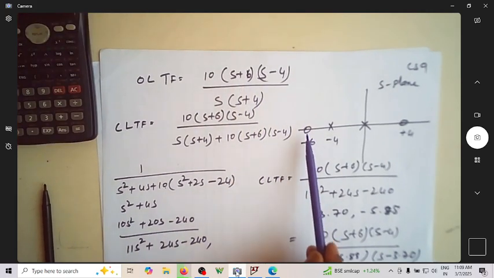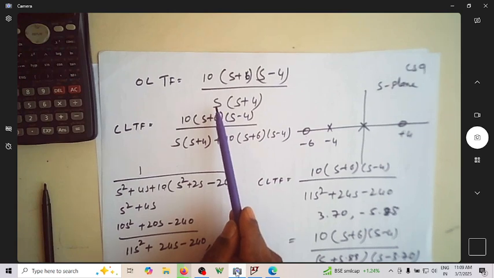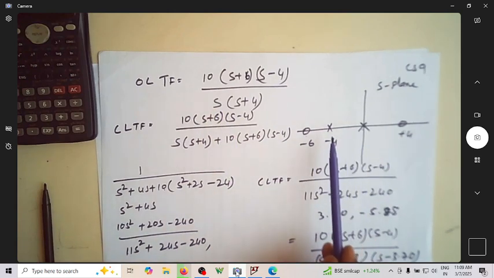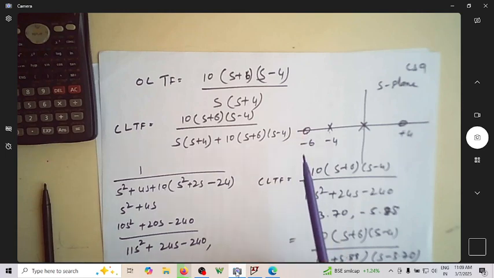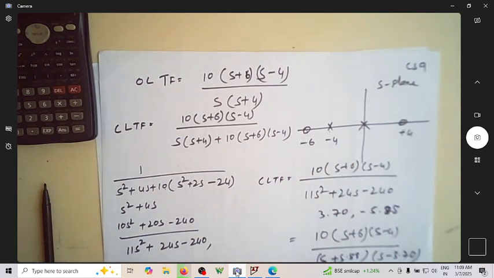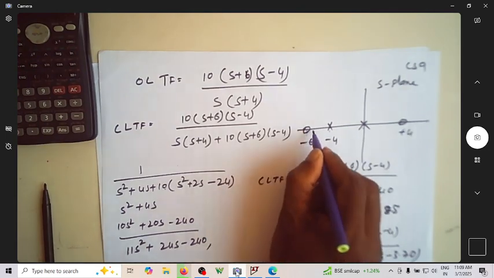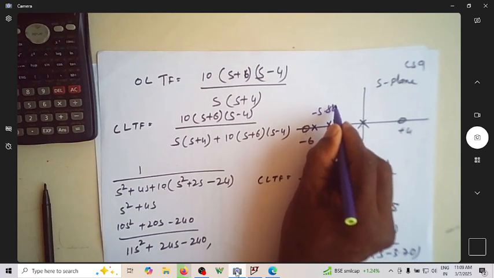Now it is interesting to see I had my zeros at -6 and +4. What was said? The pole which is at the origin and the one at -4 will go and terminate at these points. They go closer to these. Now you can see, has the -4 come to -5.88?